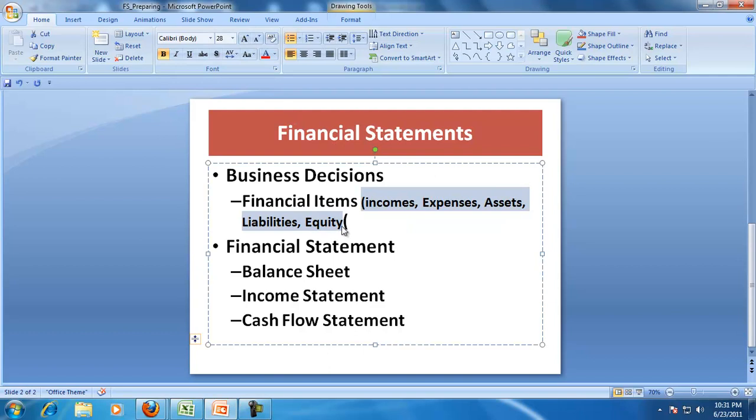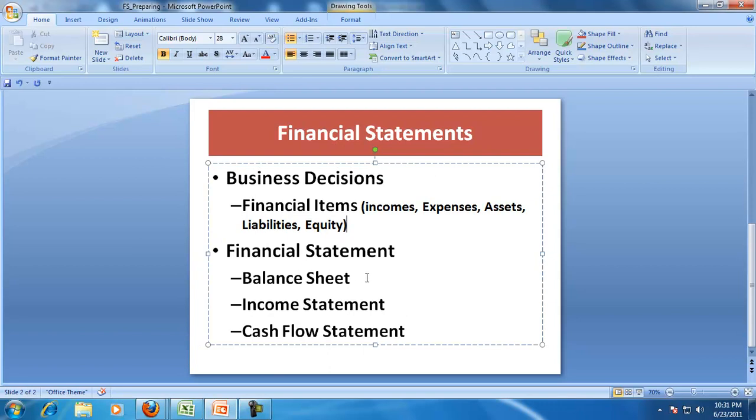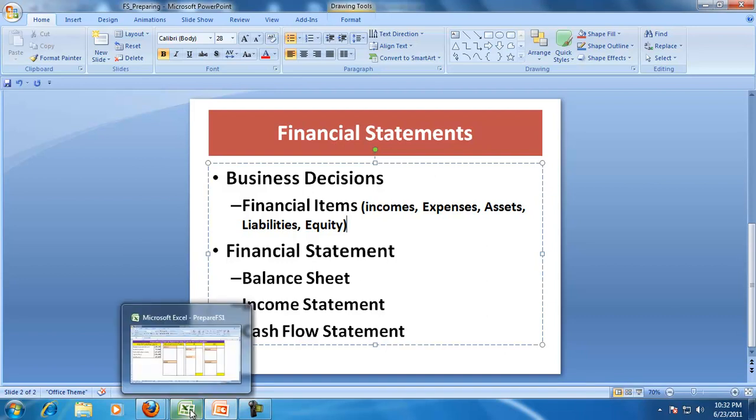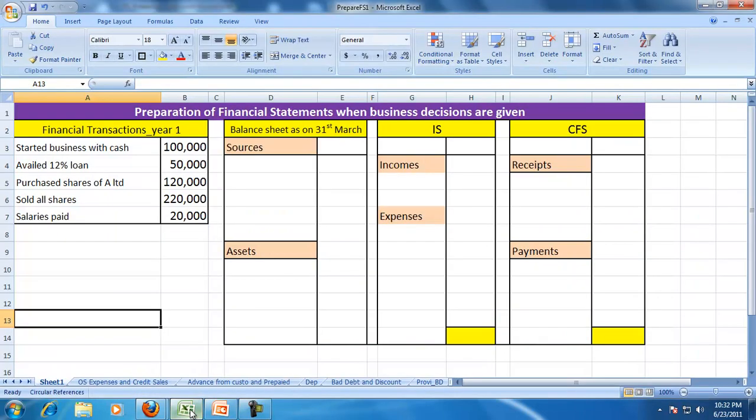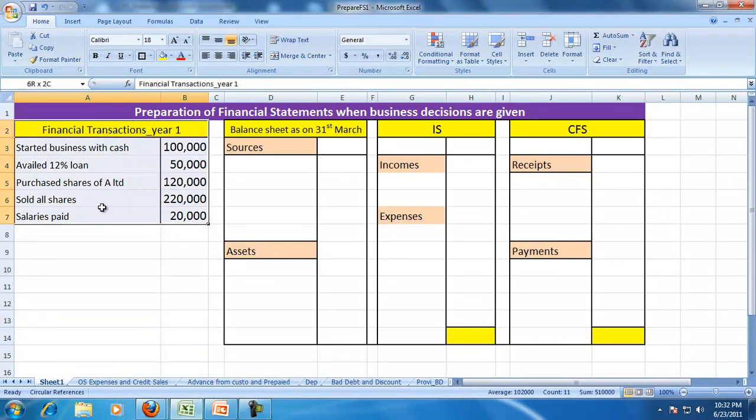So in other words, the financial business decisions through the financial items will appear in the balance sheet, income statement, and cash flow statement. Through this exercise, we'll keep on observing varieties of transactions and see how the financial transactions appear in the financial statement. Let me start with this simple example.